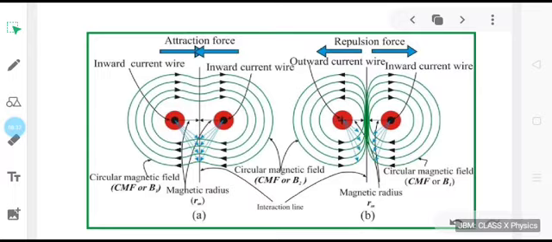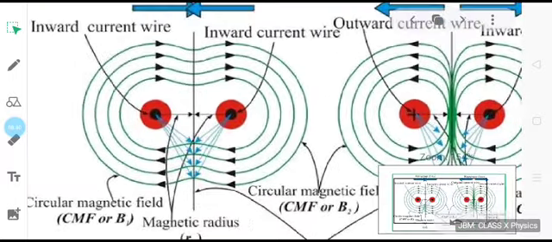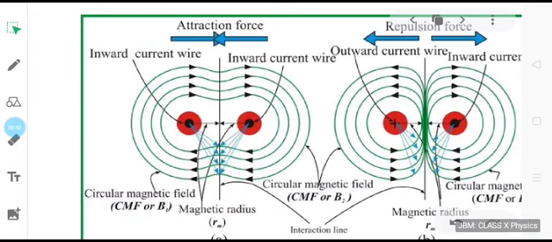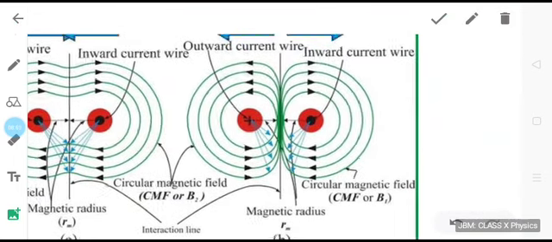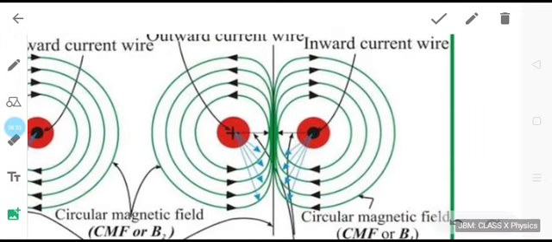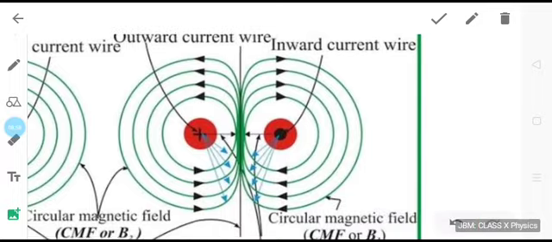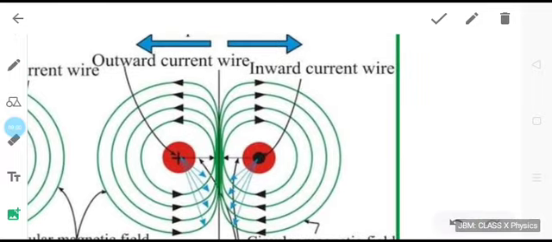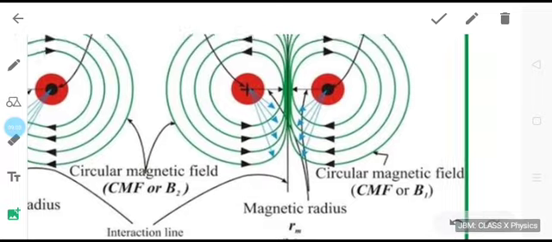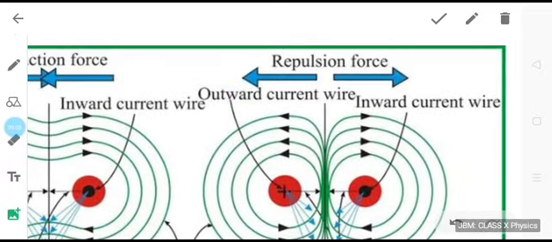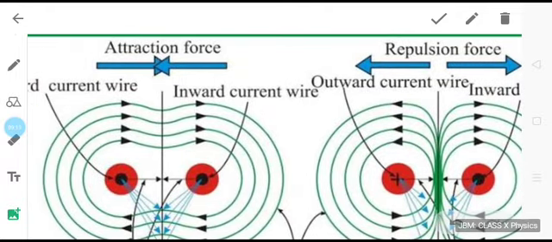In the first case, you can see there is an inward current wire, and in the second case there is an outward current wire and an inward current wire. In the first case there were two inward current wires, and in the second case we have an outward current wire and an inward current wire. So depending upon that, you can see how the fields are interacting and the nature of force.